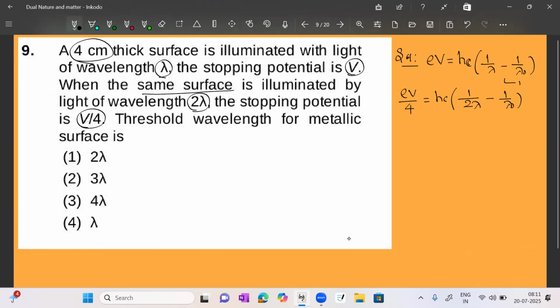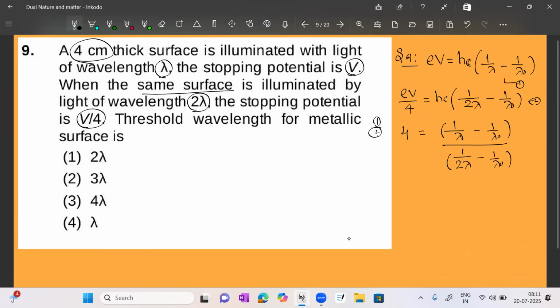Now, if you take the ratio of these two equations, equation 1 by equation 2, it becomes 4. Few terms get cancelled: (1 by lambda minus 1 by lambda naught) by (1 by 2 lambda minus 1 by lambda naught).